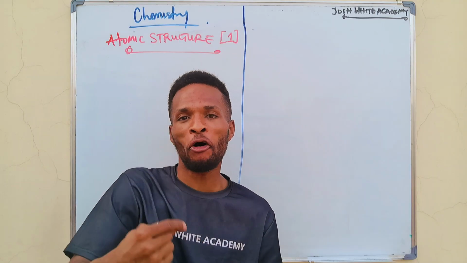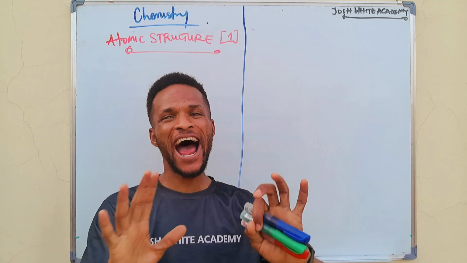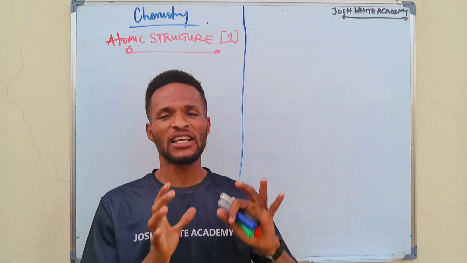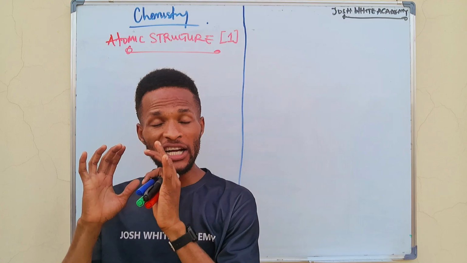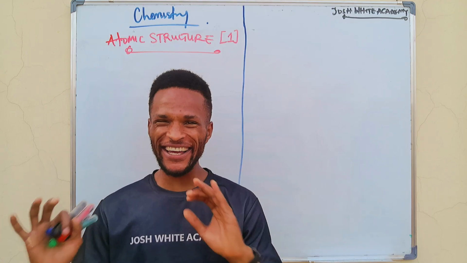That smallest form of that iron is known as atom. Now, atom is the smallest or tiniest particle of a substance that can take part in a chemical reaction.